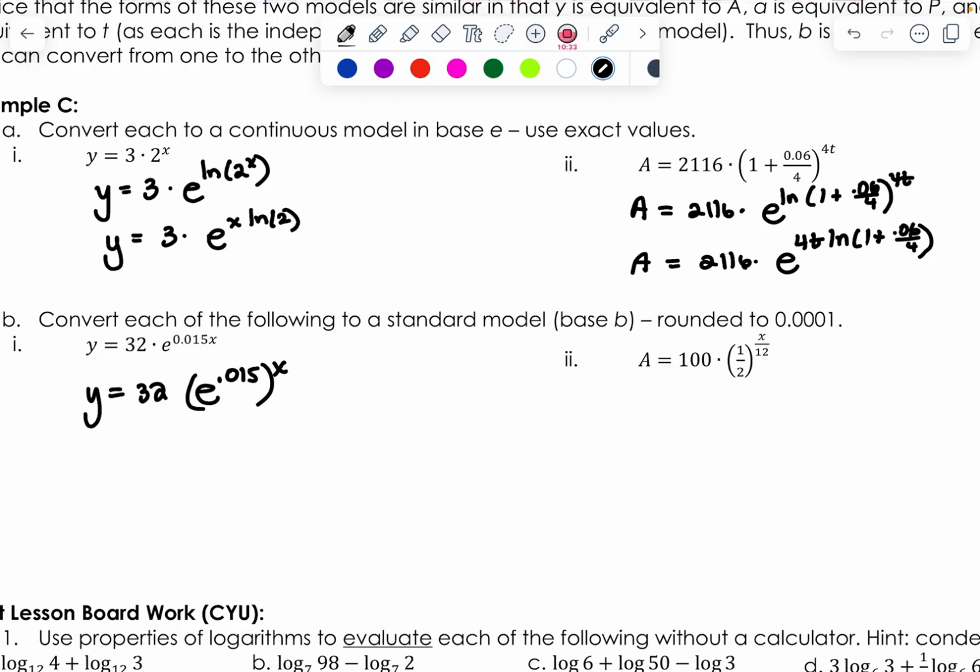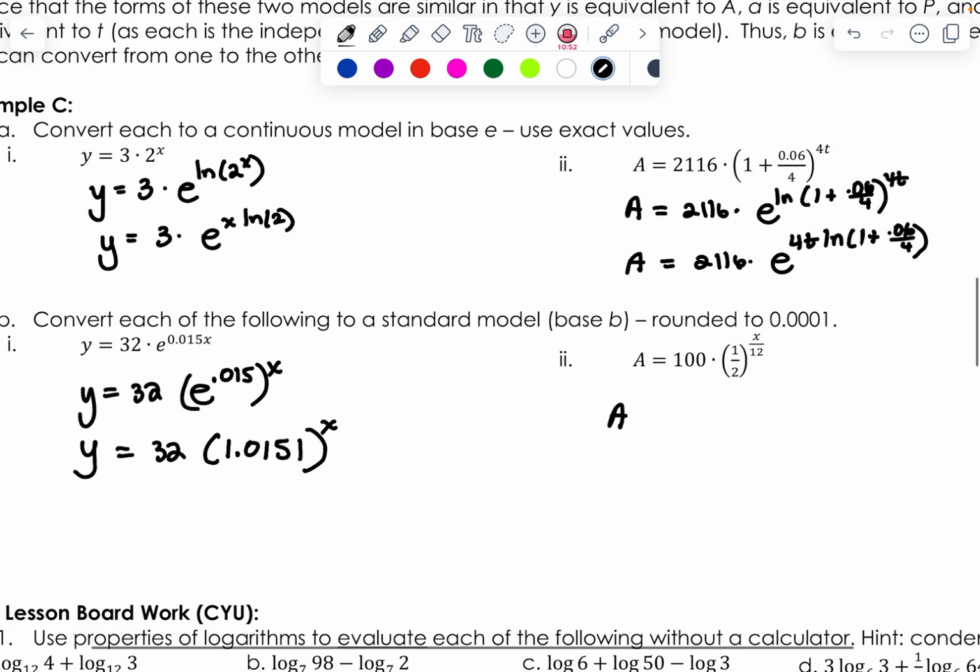So then what you're going to do is put e to the 0.015 power, and that's going to be 1.0151 to the x.